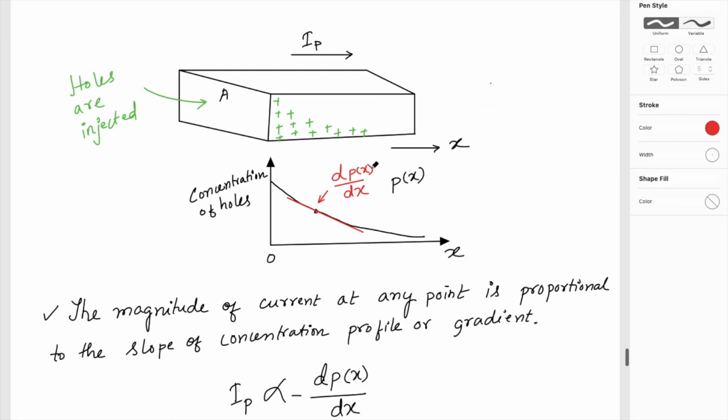In case of the holes, the movement of holes was from higher concentration to lower concentration, and the current is also in the same direction as the movement of the holes. So this is the difference between the diffusion current by the holes and the electrons.